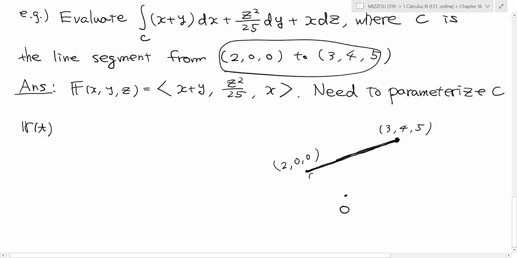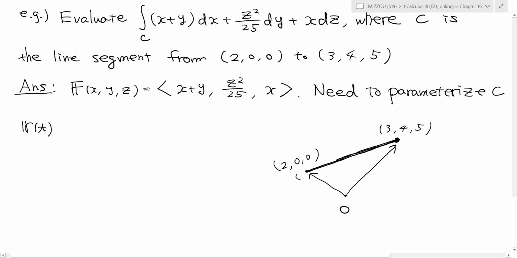So we have the position vector here and the position vector here. How can you actually parameterize a line going through those 2 points? Well, this is what we did at the beginning of the semester.